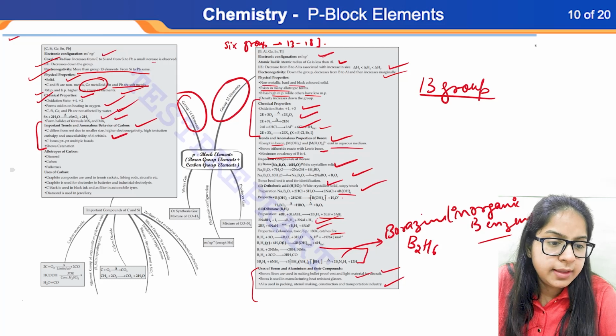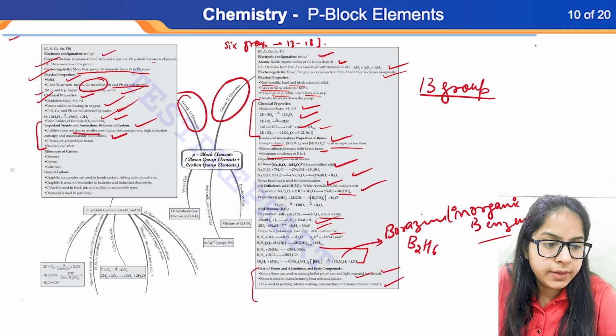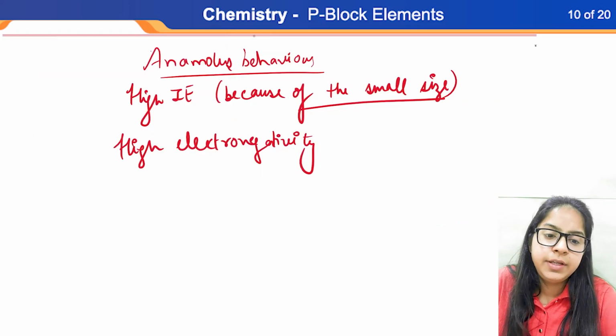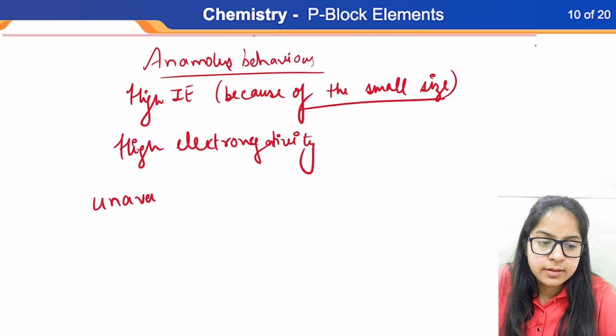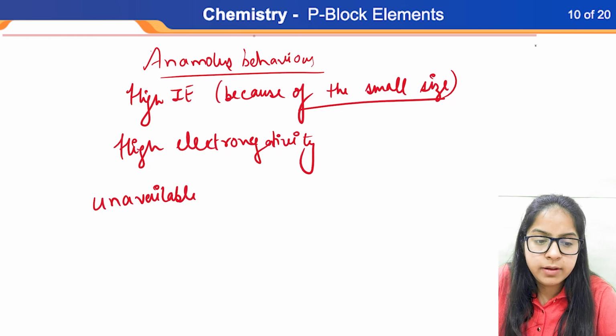High ionization enthalpy because of the smaller size, high electronegativity, and the unavailability of d orbitals. There is no d orbital available for bonding.